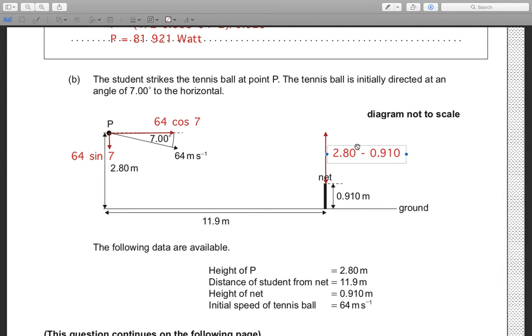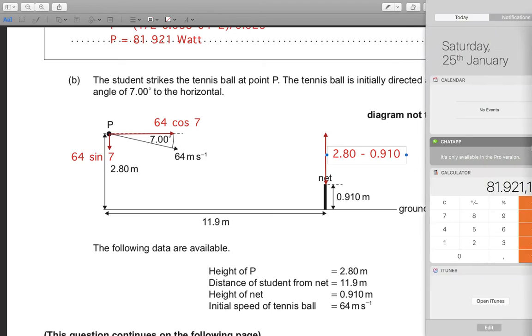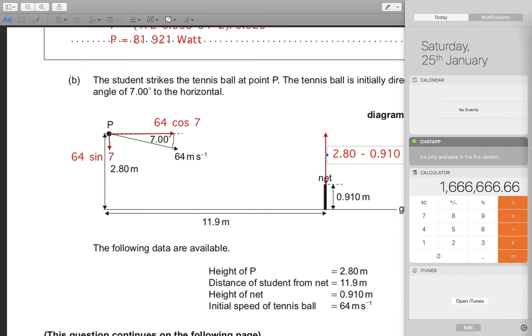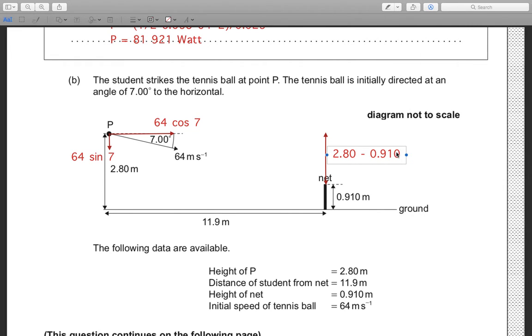The distance here, or we calculate here, 2.8 minus 0.910 equals 1.89, sorry, 1.89 meter.